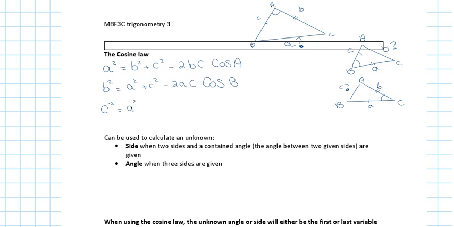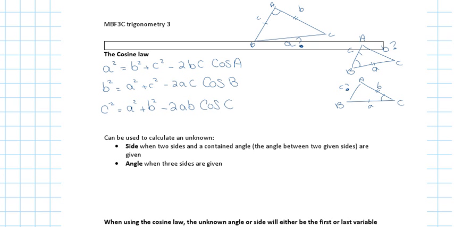A squared plus B squared minus 2AB cosine C. Now this is one of the scenarios, when you have the two sides and the contained angle.